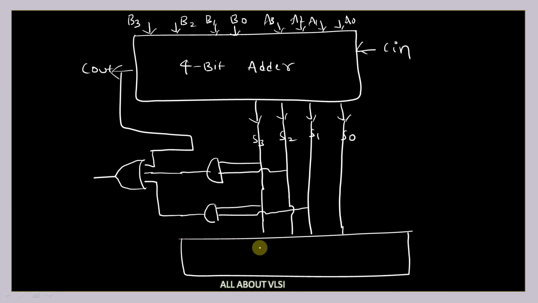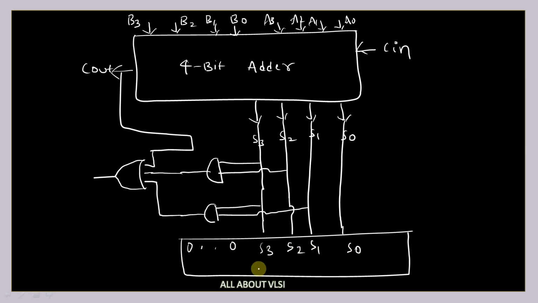Here we are taking basically S3, S2, S1, and S0, and here we are basically taking 0, 0, and these two pins. So basically this is A3 A2 A1 A0 and B3 B2 B1 B0.